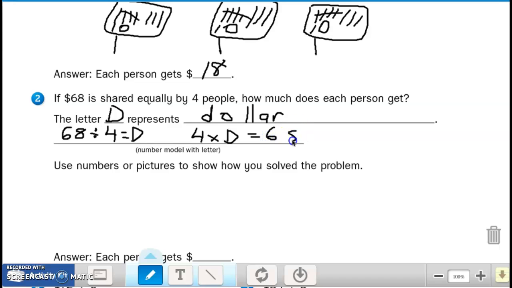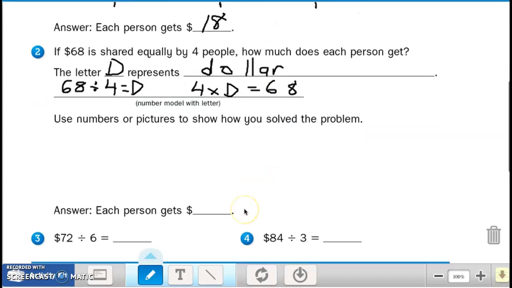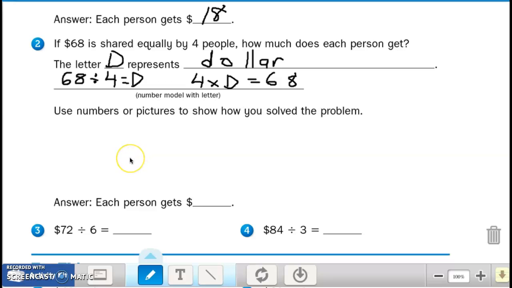Now I'm going to draw my people down here. I've got 4 people this time: here's one person, another person, another person, and another person. My total, I'm going to put right over here to remind me I have $68.